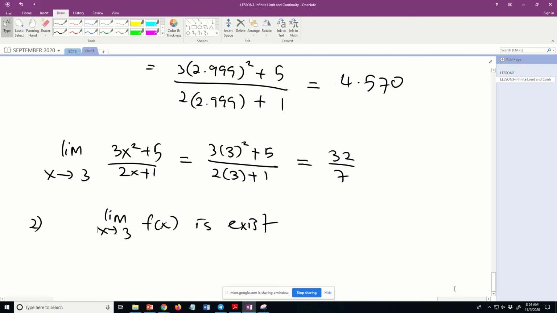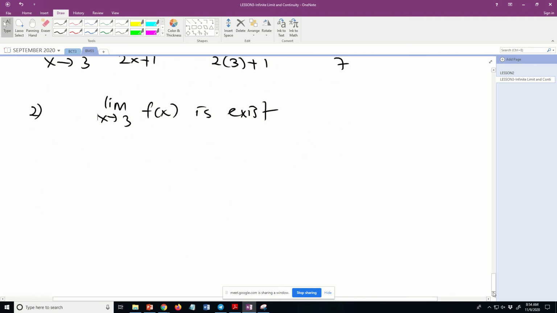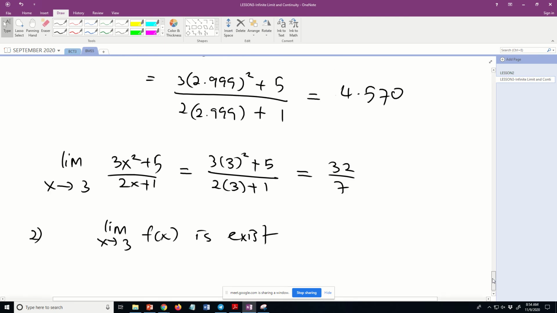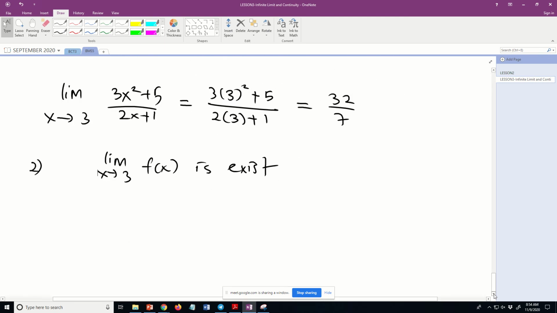What do you mean by condition number 3? What do we remember about condition 3? Am I going too fast? Okay, you can follow.